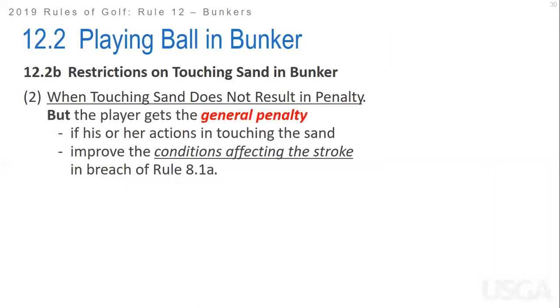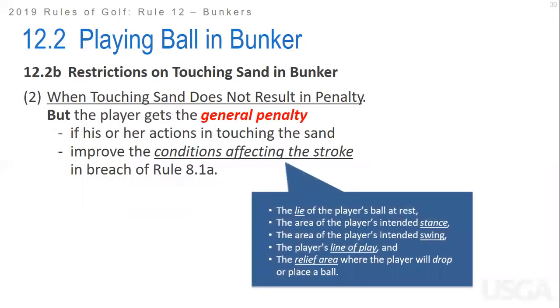Now, the player is going to get the general penalty if his or her actions in touching the sand improve the conditions affecting the stroke. We did briefly talk about this, and I know it's going to be talked about in another presentation, but as a reminder, the lie of the player's ball at rest, the area of the player's intended stance, the area of the player's intended swing, the player's line of play, and the relief area where the player will drop or place a ball are considered conditions affecting the stroke.